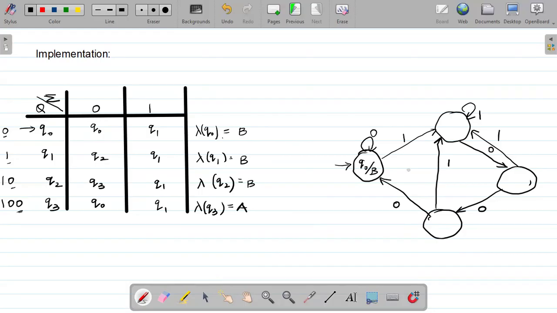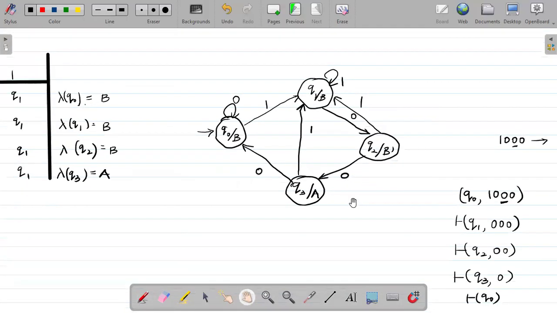Q0 has output B, Q1 has output B, Q2 also has output B, while Q3 has output capital A. So depending on the problem, the output mapping and output symbol has to be correctly chosen. Then only you will get the right answer.